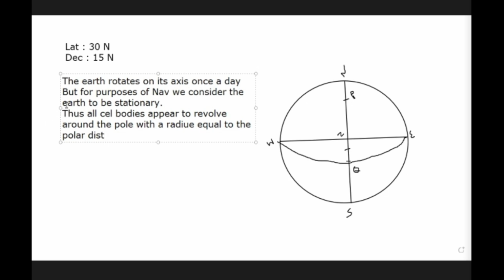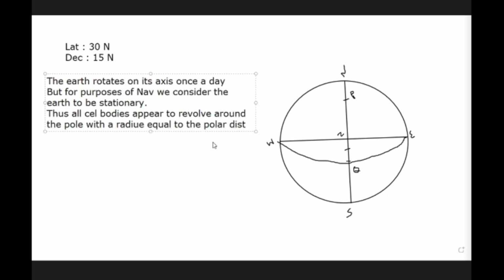where polar distance is equal to 90 degrees minus declination, if lat and dec are the same name, and polar distance is equal to 90 plus declination if lat and dec are different.